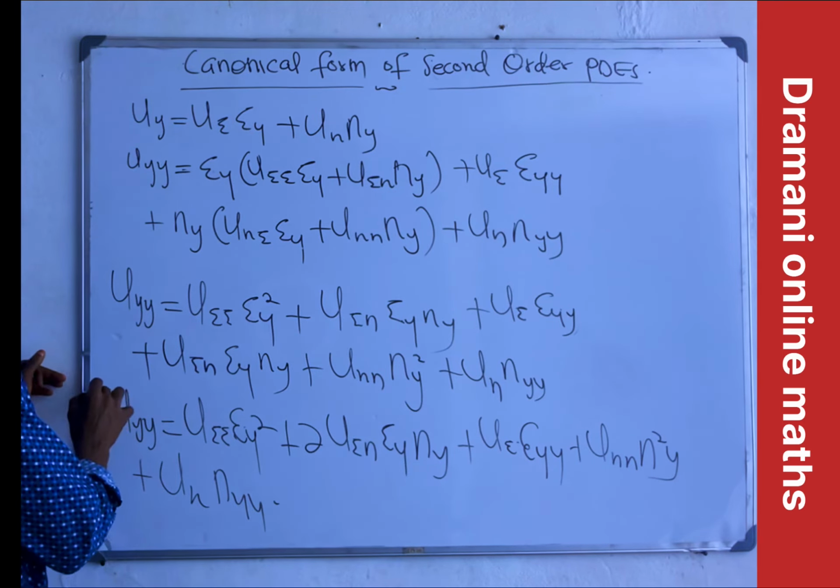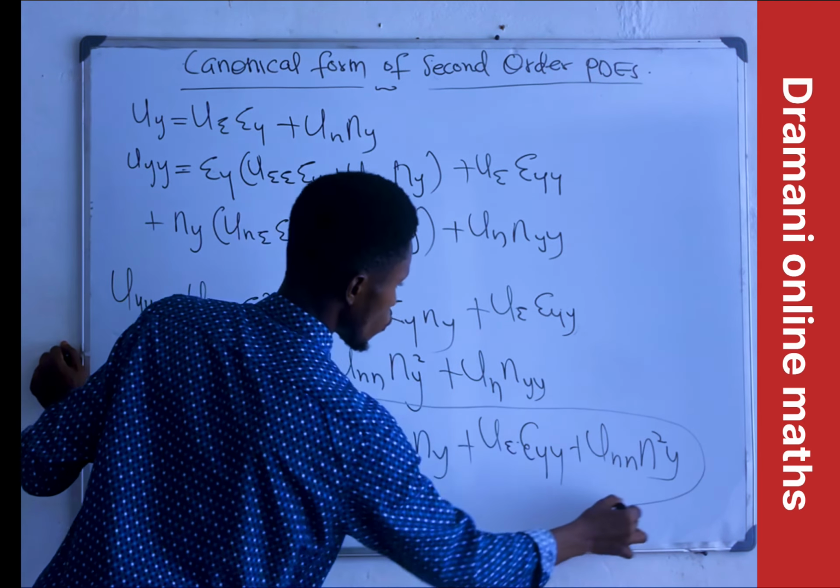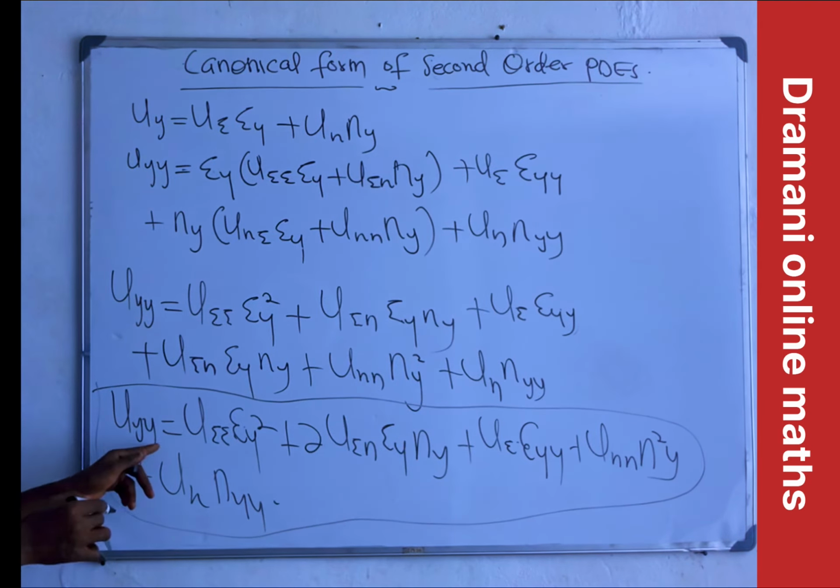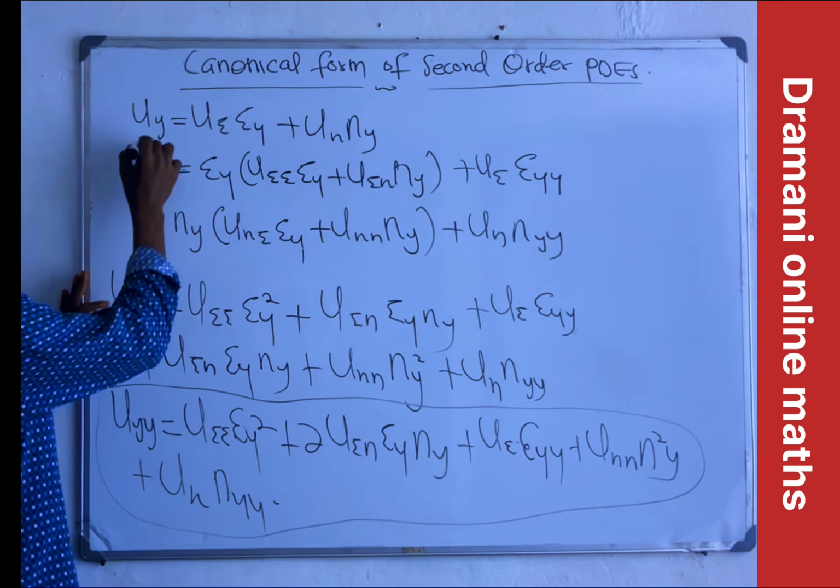So this also becomes the formula for the uyy, and the formula for uy is this.